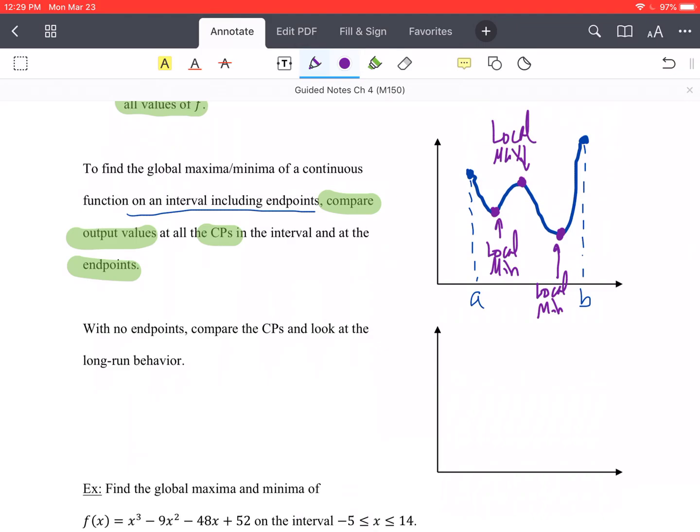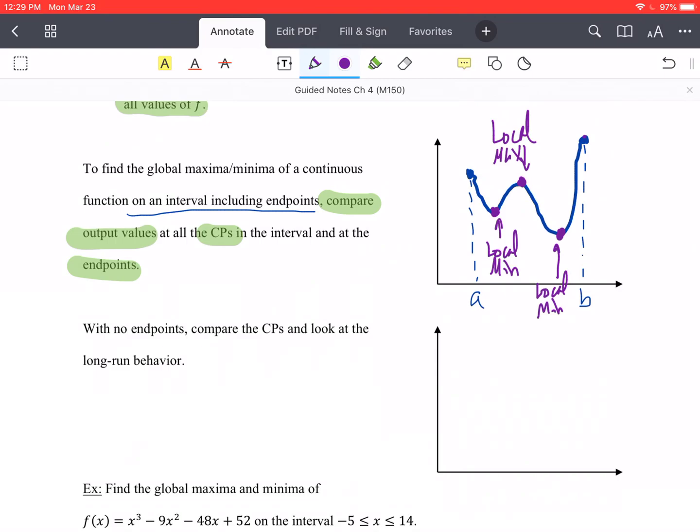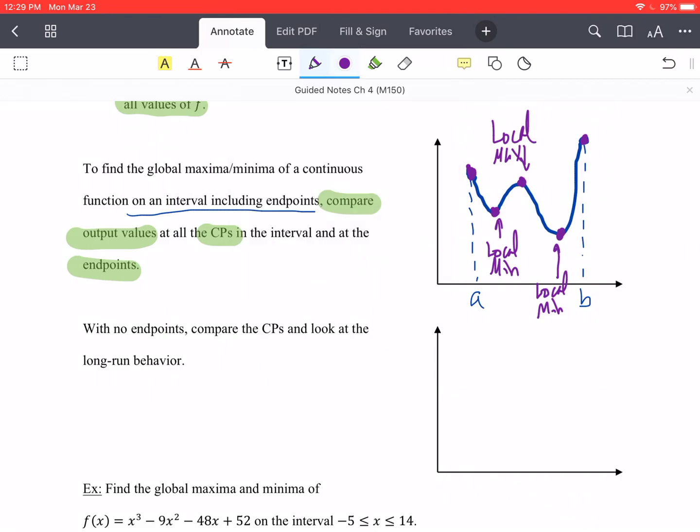Now we can compare these values with the outputs at the endpoints as well. So we're also going to compare at the endpoints up here. If we look at their outputs, notice the absolute lowest value on this entire function, if we just trace along here, is at this point right here.